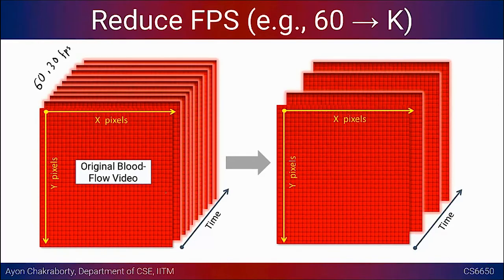We don't want this much computation. If you are doing it on a phone or on a laptop, it won't matter much. But if you are doing it on a low-end device, 60 frames, or even 30 frames per second, might be a little bit high. And the point is that you might not need 30 frames per second to analyze your heartbeat, which has a very low frequency compared to that. You don't expect that many frames per second.